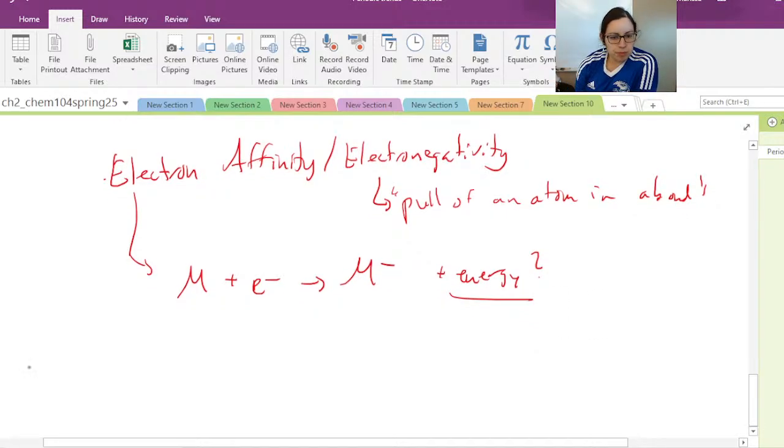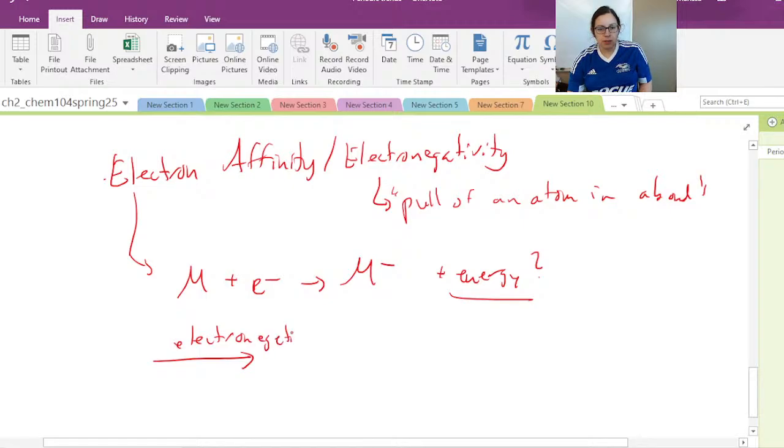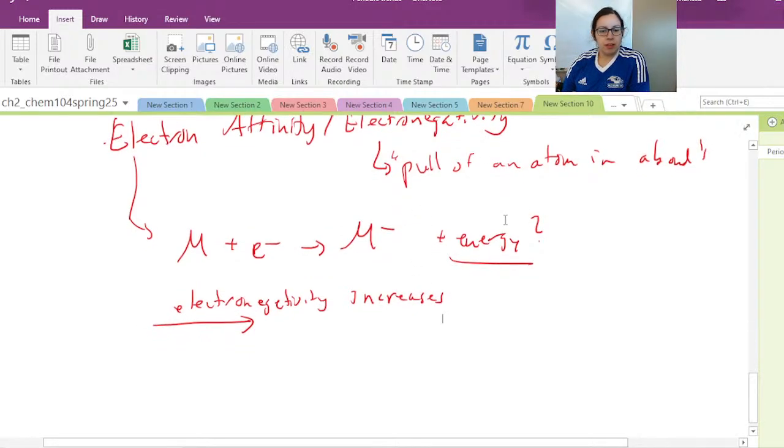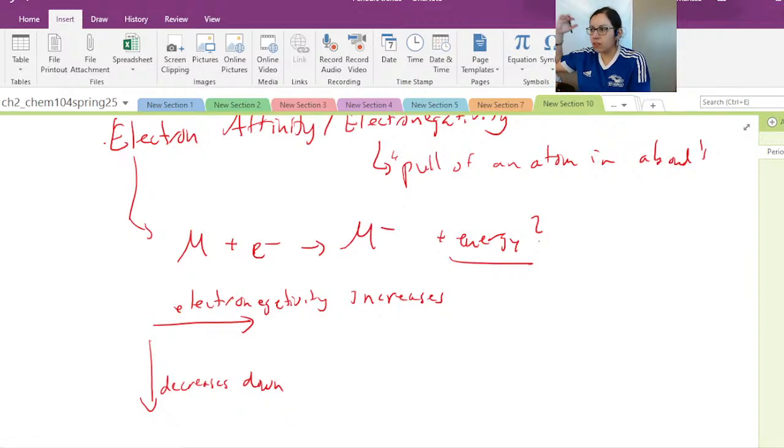Basically, what we need to know is that electronegativity and electron affinity increase as we go across. So they track the same, which is why I like to mention them together. And then they decrease as we go down. Again, for all the similar reasons, going back to the orbitals. So you're seeing how these orbitals are really driving all these trends.